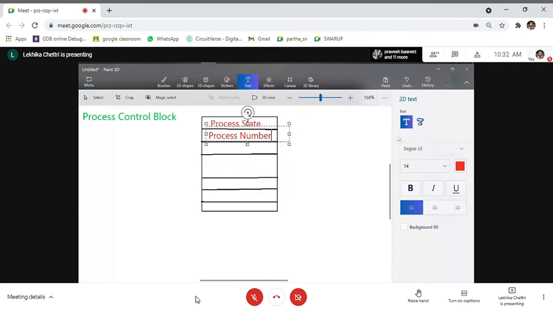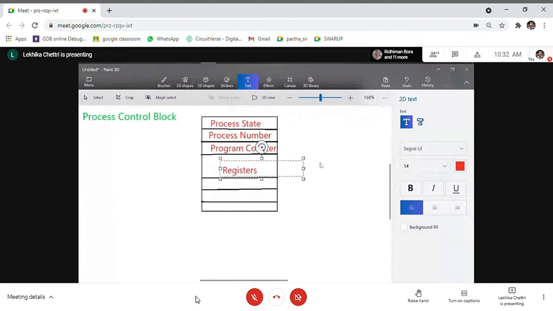Okay, so next up, let me write down each one now, then I'll explain each one. The third is my program counter. Let me write down first so that I can use my brush to explain each one. Program counter. And then next up I have registers. These are important. There will be many registers.